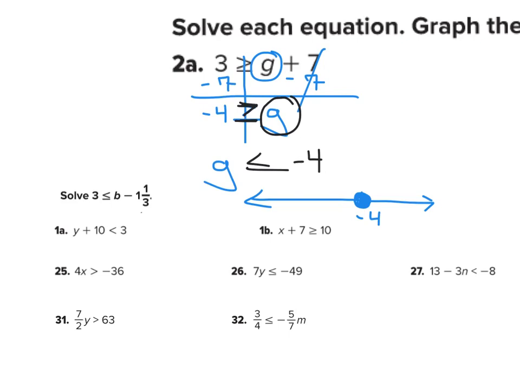Notice my inequality sign is pointing to the left, so I think of that as an arrow pointing left, and I shade my number line to the left because my answer could be negative 4 or anything less than that, since g is less than or equal to negative 4. So that is my full answer worked out.